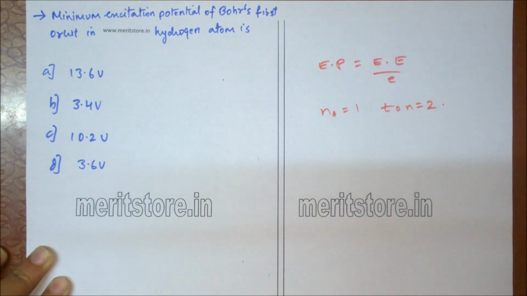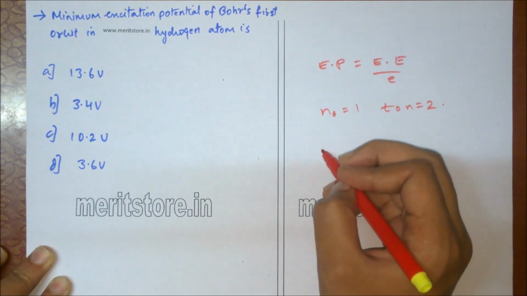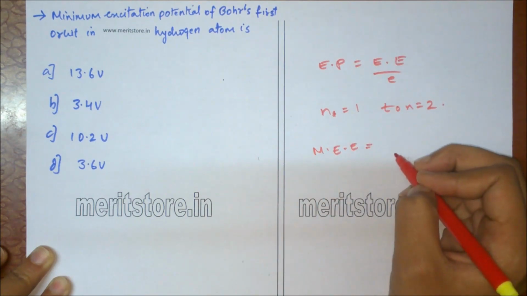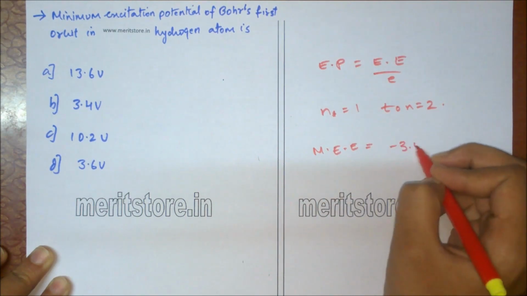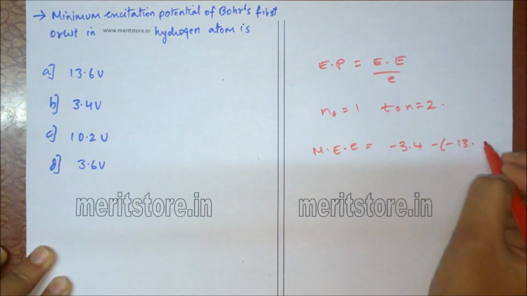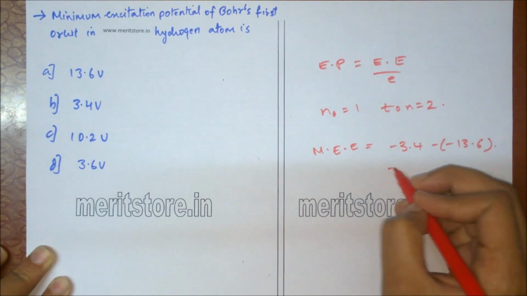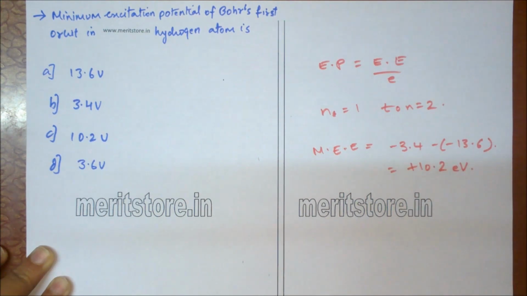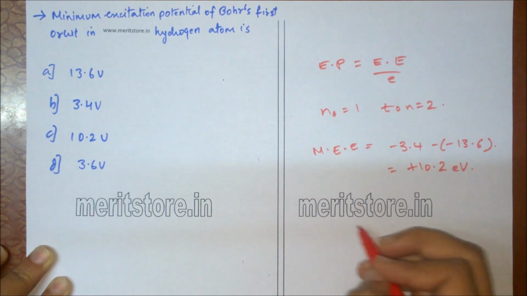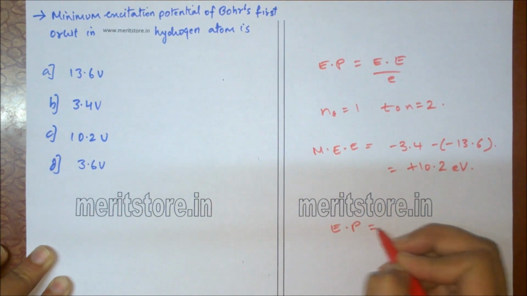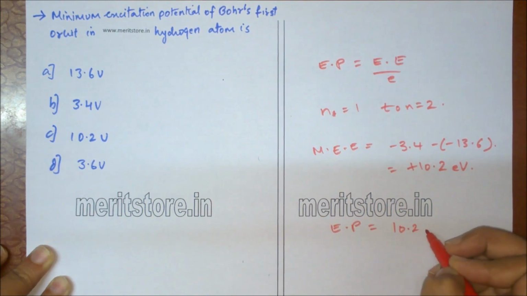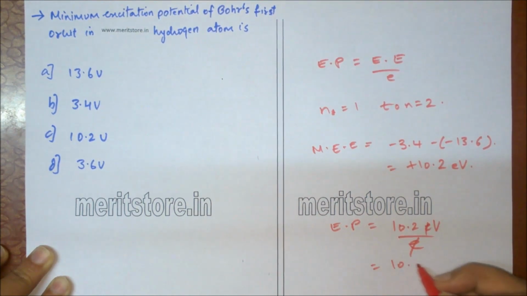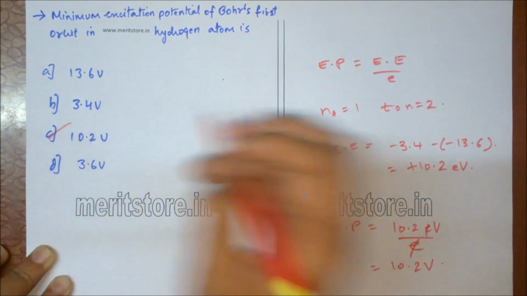Therefore minimum excitation energy in hydrogen atom will be minus 3.4 minus of minus 13.6, which is plus 10.2 eV. So minimum excitation potential will be 10.2 eV upon electron. So it is 10.2 volt. Option C is the correct answer.